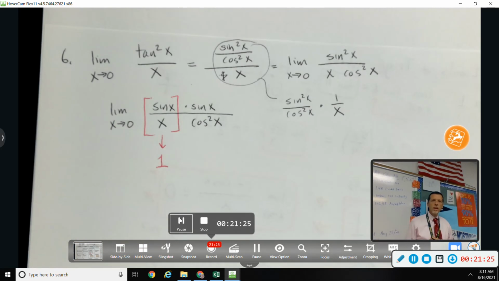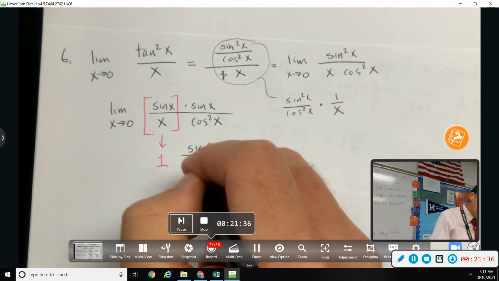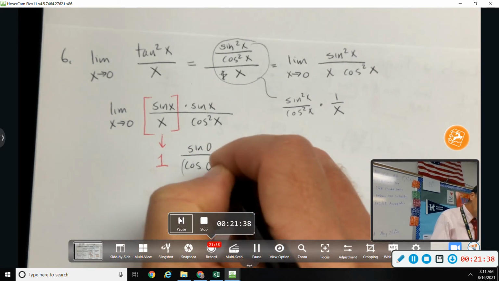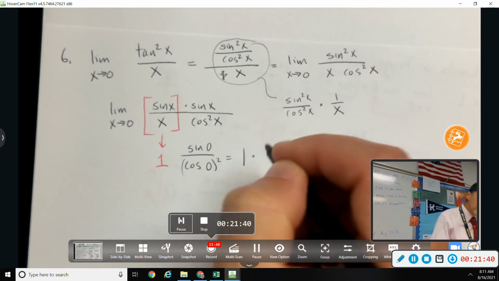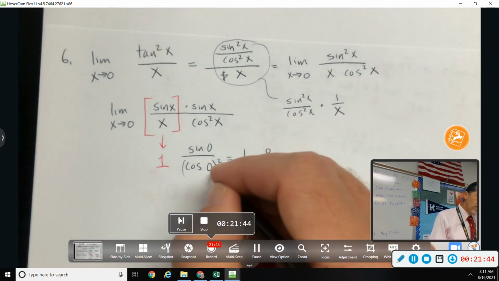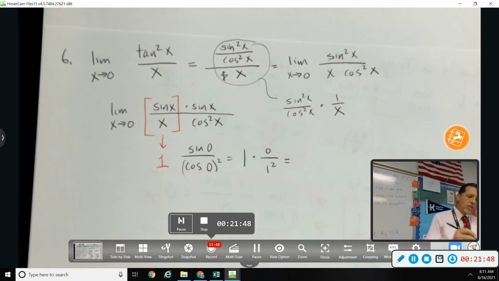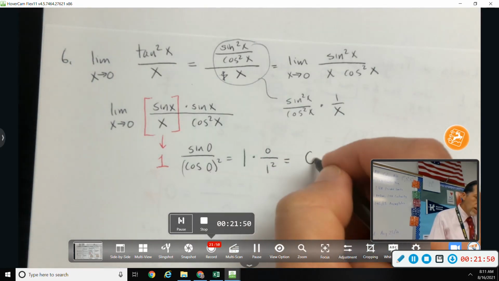And then let's try substitution on the rest and see what happens. So sine of 0 over cosine of 0 squared. The sine of 0 is 0. The cosine of 0 is 1. So a whole bunch of 1s and 0s. And it ends up being 0.